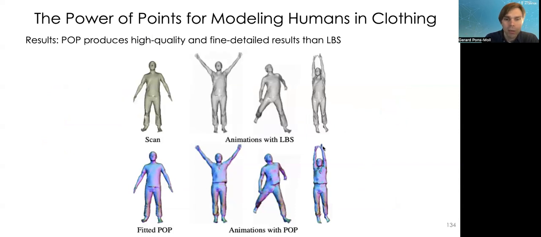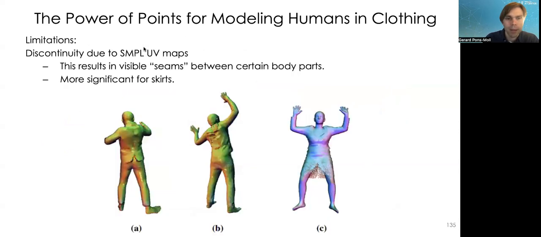Right. So these are some of the results that can be obtained. In general, the paper demonstrates that this produces higher quality results than LBS. Due to the simple UV maps that are used, there's some discontinuity, which can be seen in these seams. This is where the UV map cuts the surface into two. This is more significant for skirts.